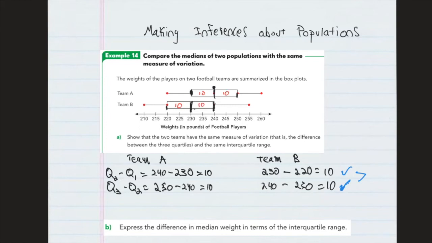So that means that for both, the interquartile range is going to be a combination of each of these measures of variation. So 20 and 20. So we can say that they are the same.